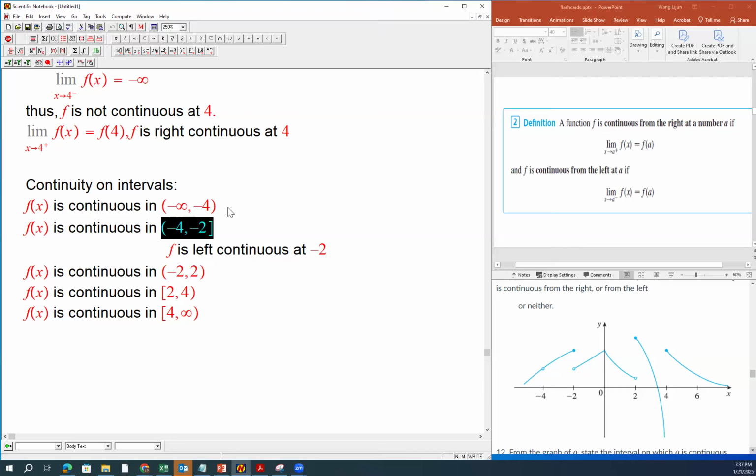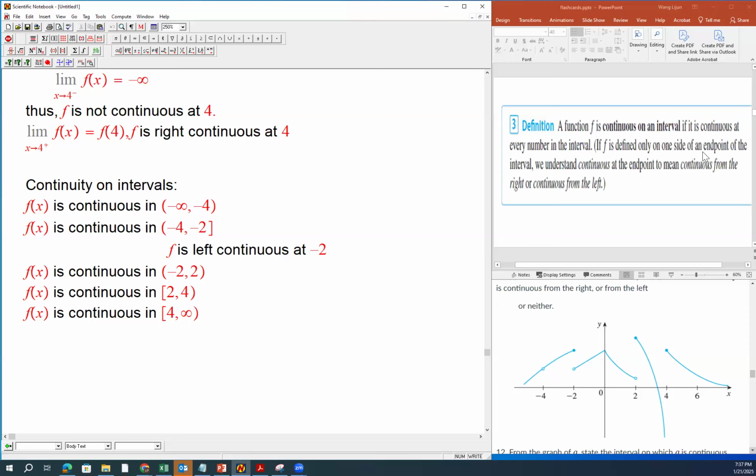So half open, open, half open, half open. That is how we apply it, because in the next statement it talks about the function being continuous on intervals, as in closed, open, and so on and so forth.